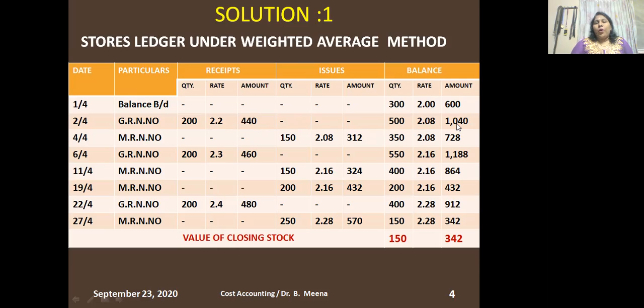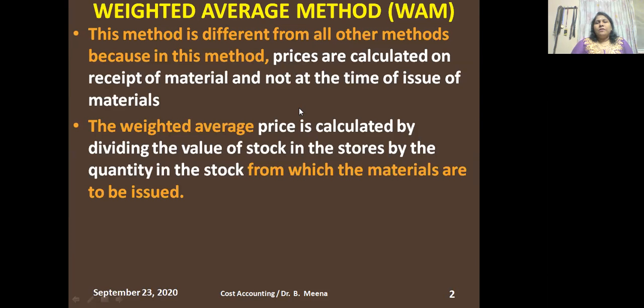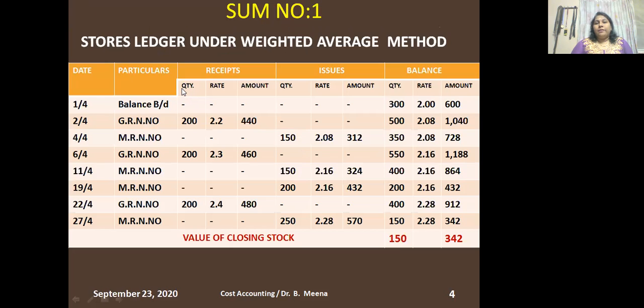So I said, the concept is that prices are calculated on receipt of material. So I need to calculate a new price. How do I calculate the new price? 1040 divided by 500, 2.08.